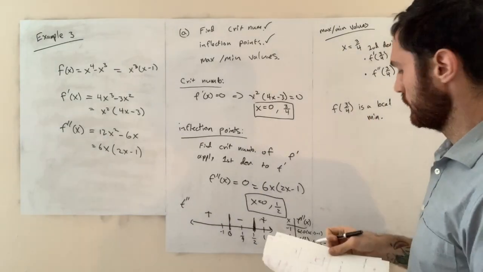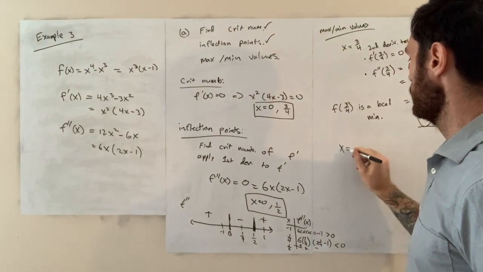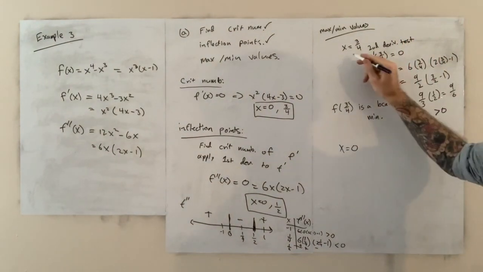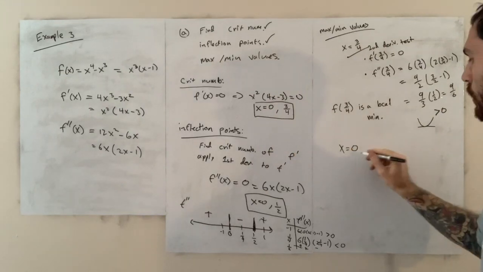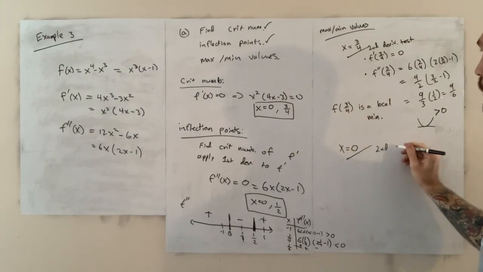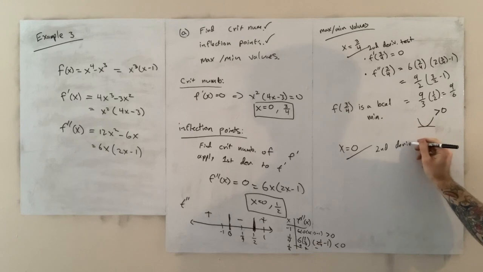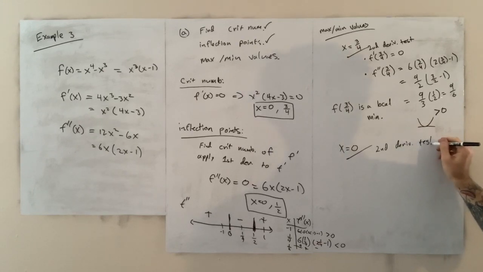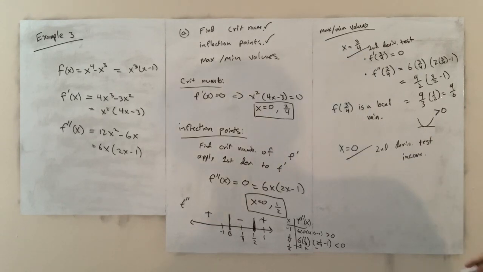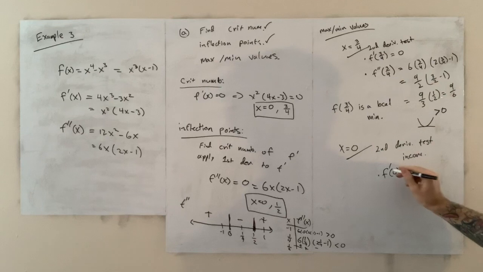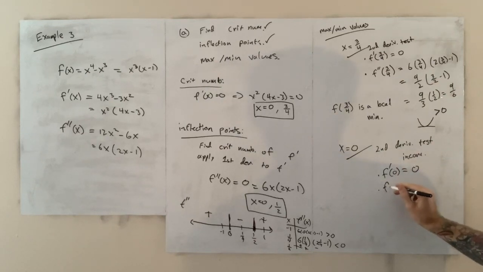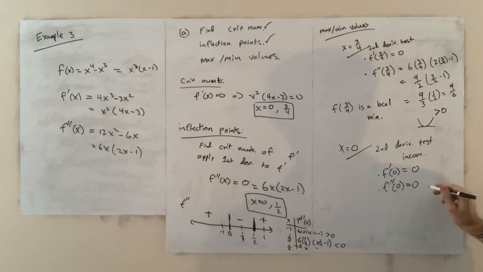All right. Well, what about x equals 0? Let's try this one. Well, the second derivative test doesn't work. Inconclusive. And that's because even though when we plug in 0 to the first derivative, we get 0, when we plug in 0 to the second derivative, we also get 0.